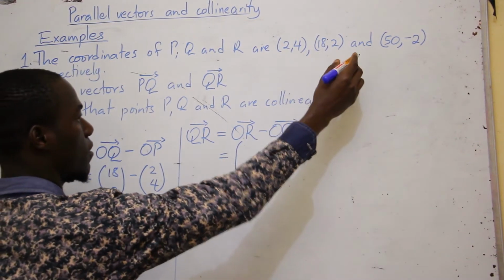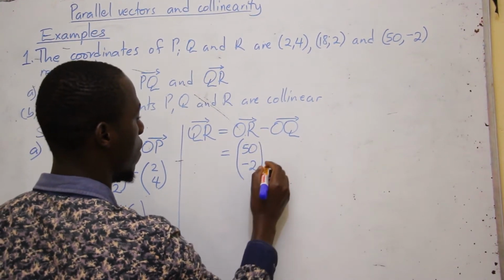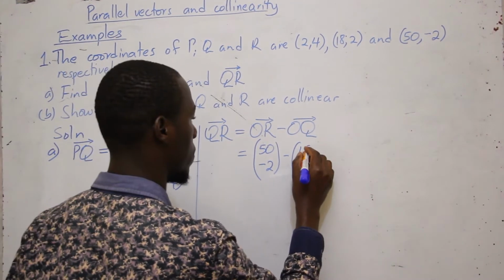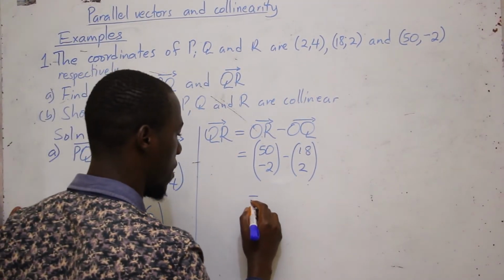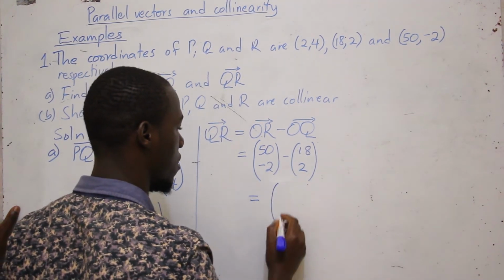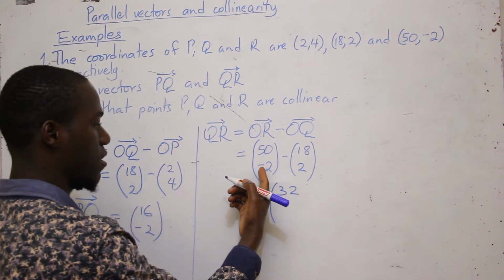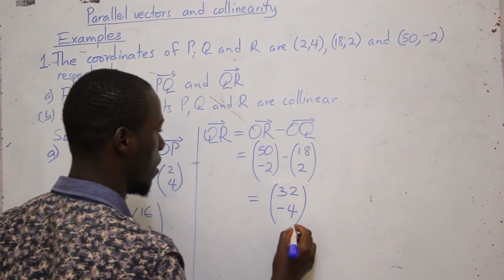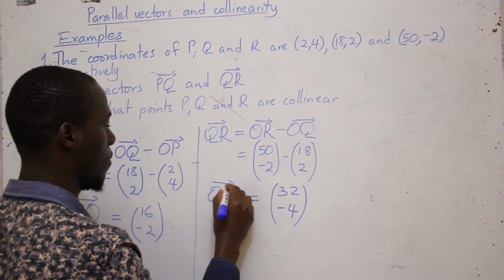The OR is 50, negative 2, minus OQ. When I subtract, 50 minus 18 gives 32, then negative 2 minus 2 gives negative 4 as my QR.